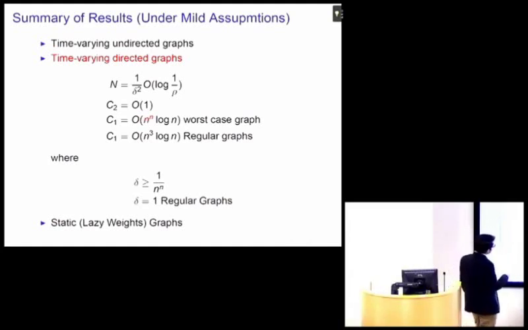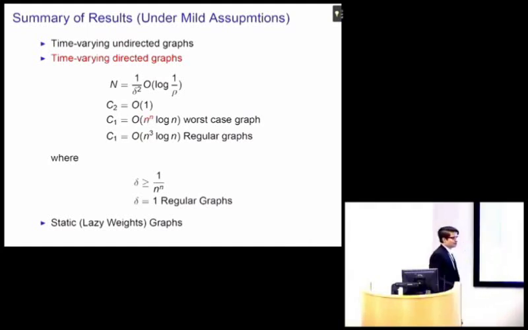So again, we have to wait a time n, C2 is constant, and C1 can depend: if the graphs are regular, we have n cubed, but if we have any directed graph, we have n to the power of n, which is very bad, but it's the best we can do so far. We don't have polynomial time algorithms in n for directed graphs. And this parameter delta can be, again, exponentially bad, or 1 if we have regular graphs.